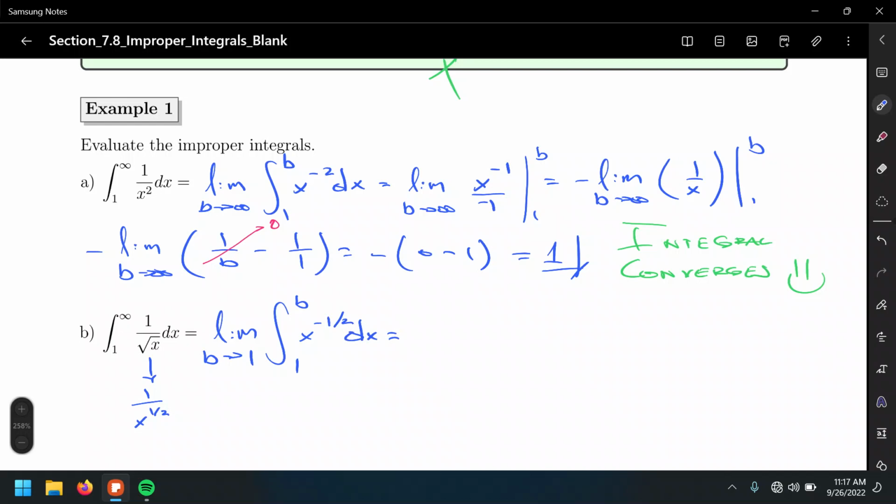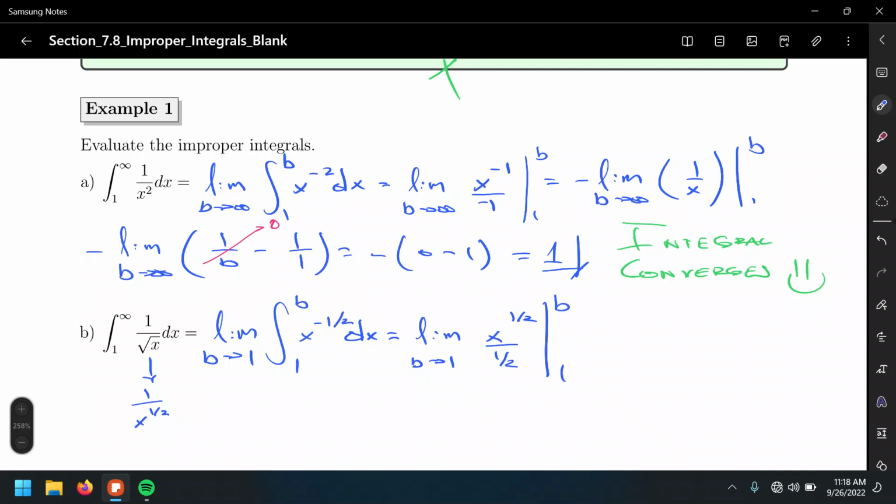Add 1 to the exponent and then divide by whatever we get from adding 1 to that exponent. So that's still the limit of x to the negative 1/2 plus 1, isn't that a 1/2? And divide by 1/2. Evaluate this from 1 to b.